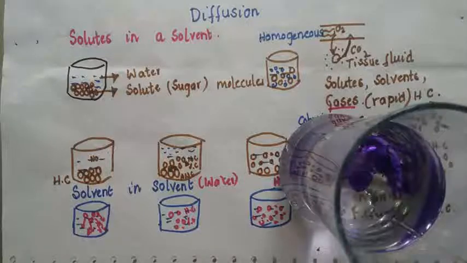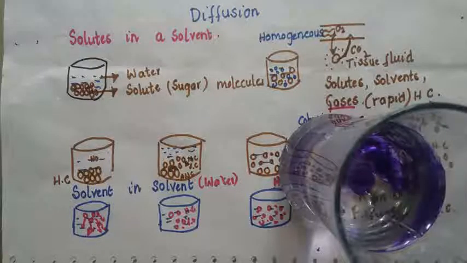So here you can observe the movement of dye molecules from a region of higher concentration to a region of lower concentration. What do we call it? As diffusion. If you want to hasten this process, what should I do?